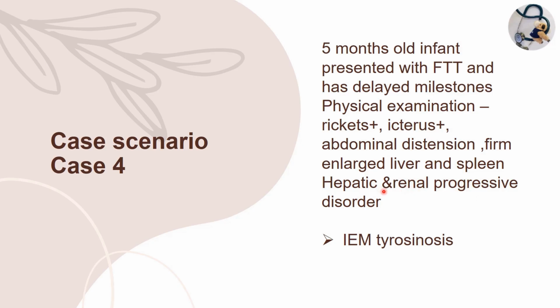So gradually the hepatic and renal function is deteriorating. In this type of scenario, your possible cause will be inborn error of metabolism. Possibly this is a case of tyrosinosis. If you suspect inborn error of metabolism, accordingly you have to screen for it. You get a screening test and go with that test.